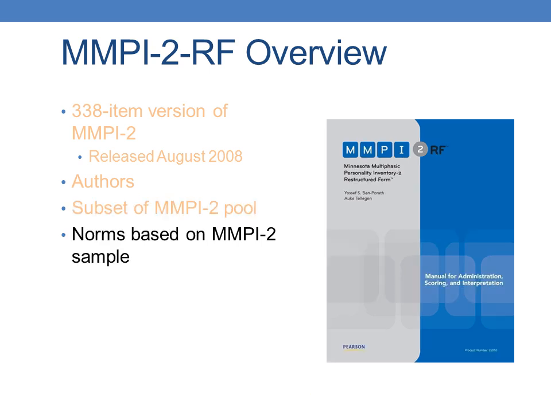The norms were based on the norms that were developed and captured for the MMPI-2 back in the 80s, with one slight exception in that the MMPI-2 has gender-based norms. So you have T-scores for men and women separately, whereas the MMPI-2-RF has a non-gendered normative sample.